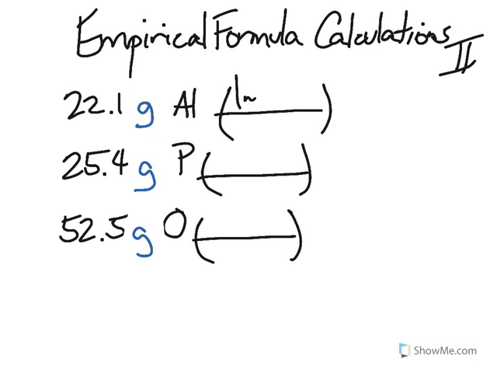So we're going to take a look at 1 mole of aluminum right here, and the atomic mass of aluminum happens to be 26.982 grams. For phosphorus, it happens to be 30.974 grams.